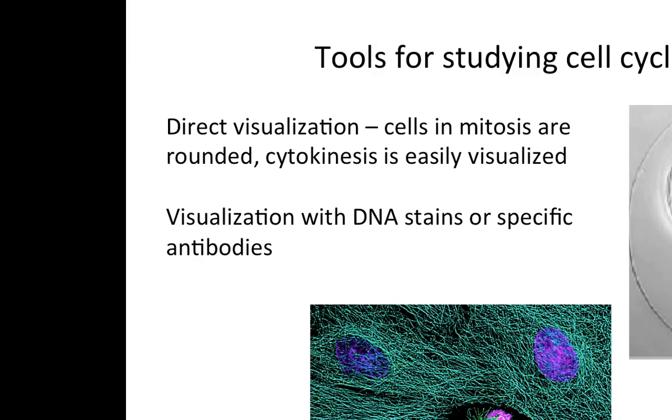You can also visualize with DNA stains, right? So DAPI, which we've seen over and over again to stain DNA, or specific antibodies against specific proteins. So in this picture right here, what are we staining for? Who wants to guess? Yes.